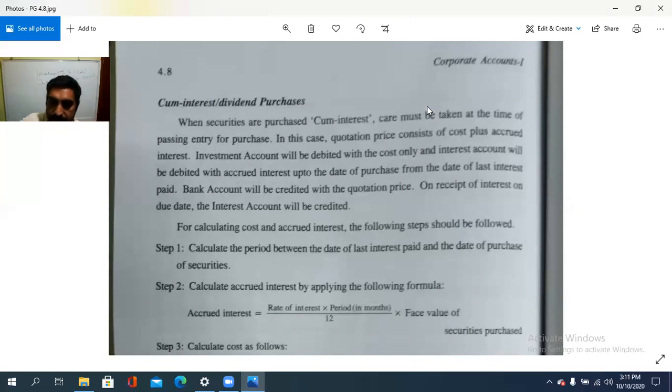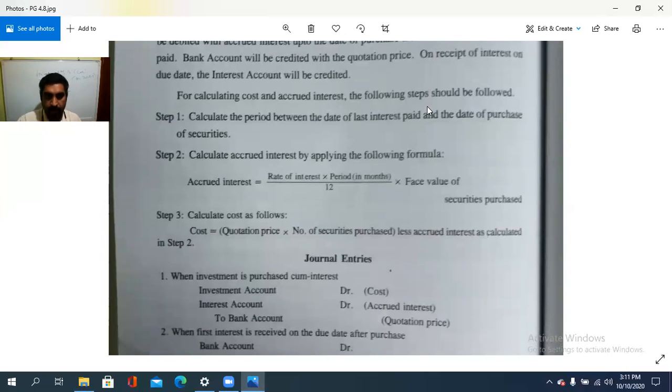And step 3: calculate the cost as the quotation price into the number of securities purchased, that is, how many debentures or shares were purchased, less the accrued interest as calculated in step 2.